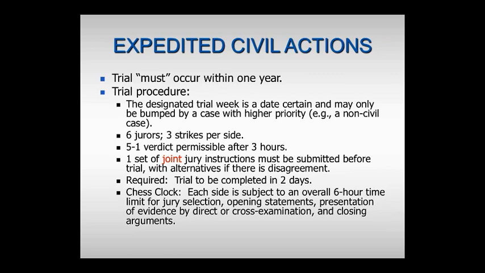Now, that doesn't mean that anybody has to waive their arguments about what the instructions should say. It's the party's obligation under the ECA rule to submit one set of joint jury instructions. That document can contain all of the alternate versions of, for example, instruction 13 that the parties can't agree upon, but it has to be in one document.